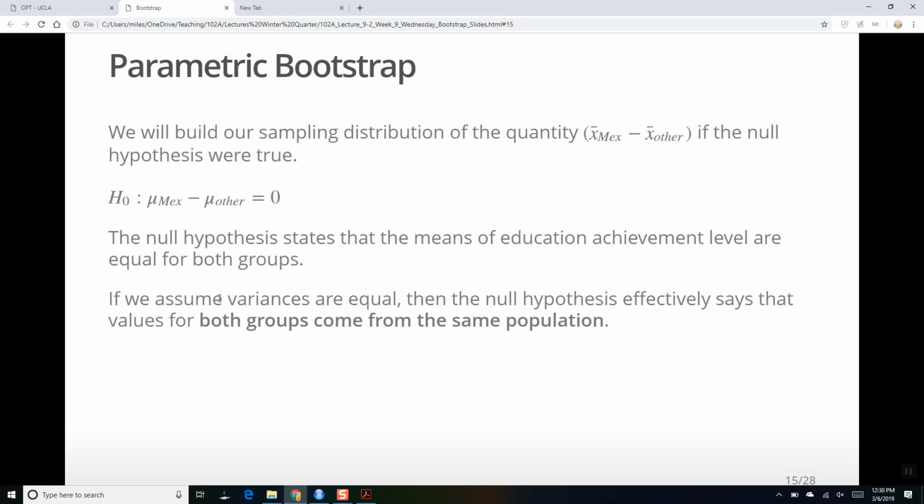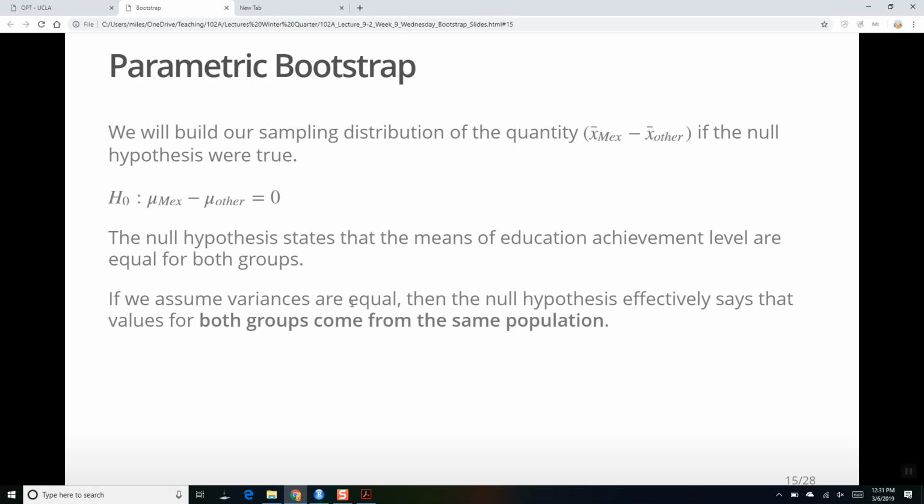And again, if we're going to assume that the variances are equal, this null hypothesis effectively states that the values we have obtained in our data come from the same population. Okay, if we randomly selected our sample, the education achievement levels for the Mexican immigrants and the other Latin American country immigrants are coming from the same population, okay?